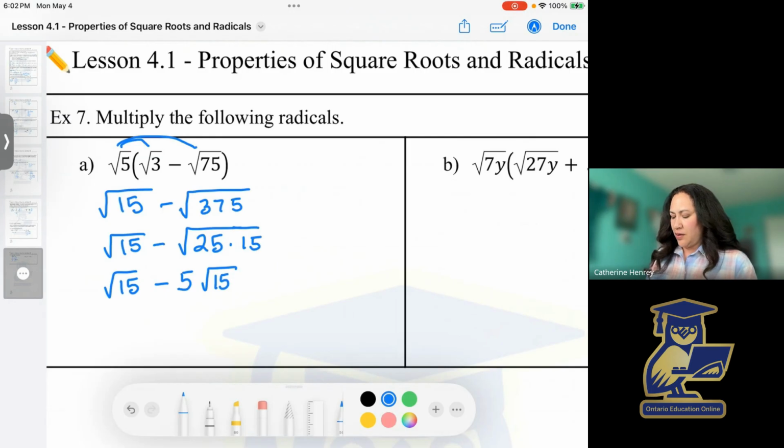But now I do end up with the same square root, the same index and the radicand. And so I can combine, this is like 1 root 15 minus 5 root 15, and I end up with negative 4 times the square root of 15.